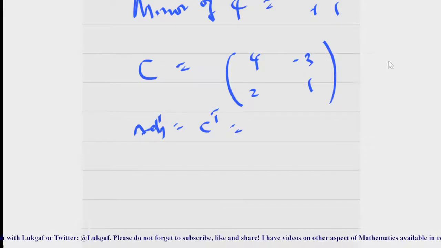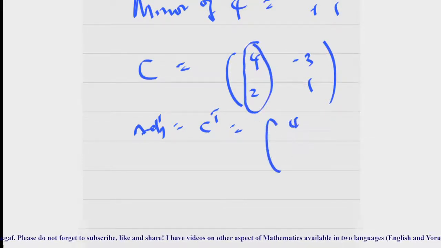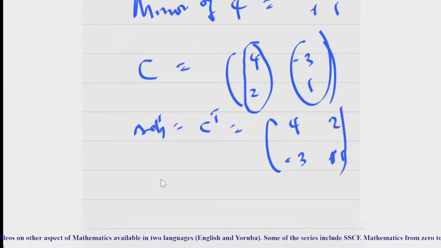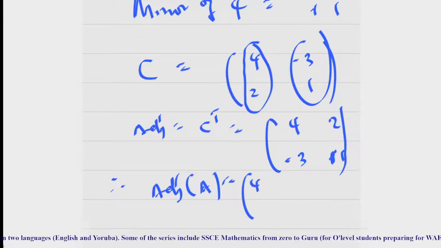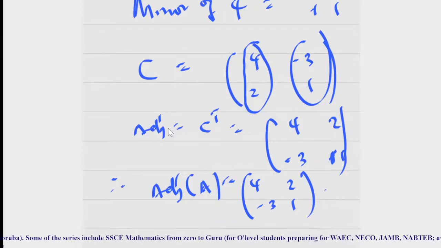Don't forget how you find the transpose: you interchange the columns with rows. So I'm going to have 4, 2, and for the second row, minus 3, 1. Therefore, adjoint of A is equal to 4, 2, minus 3, 1. So that is that.